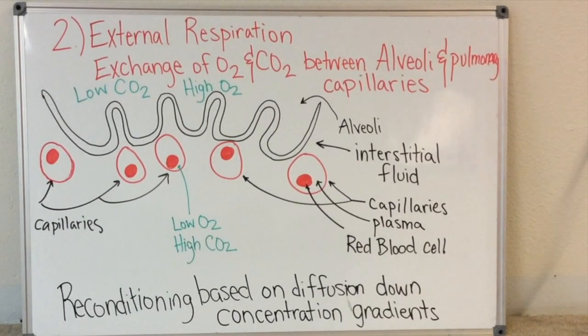The air brought into the alveoli is low in carbon dioxide and high in oxygen. The blood moving through the pulmonary capillaries has just returned from the systemic circulation. It is low in oxygen and high in carbon dioxide because oxygen was released to the tissue and carbon dioxide was brought into the bloodstream.